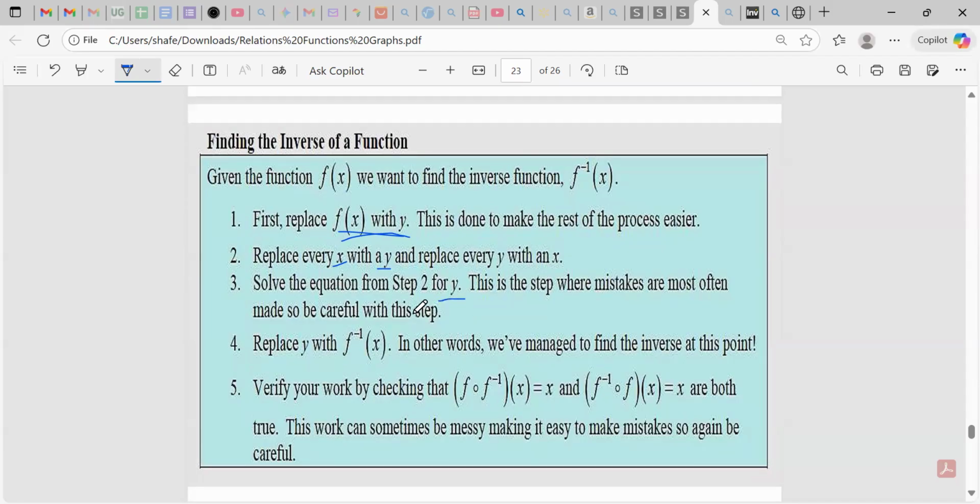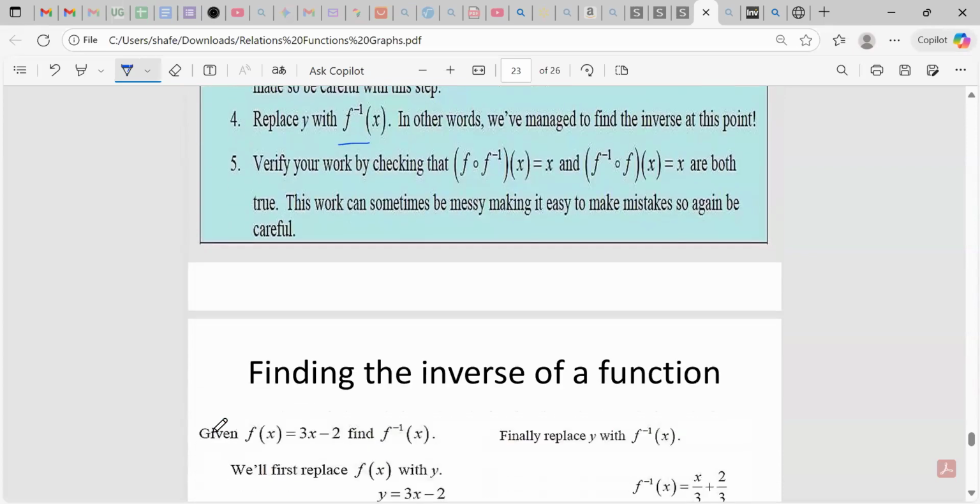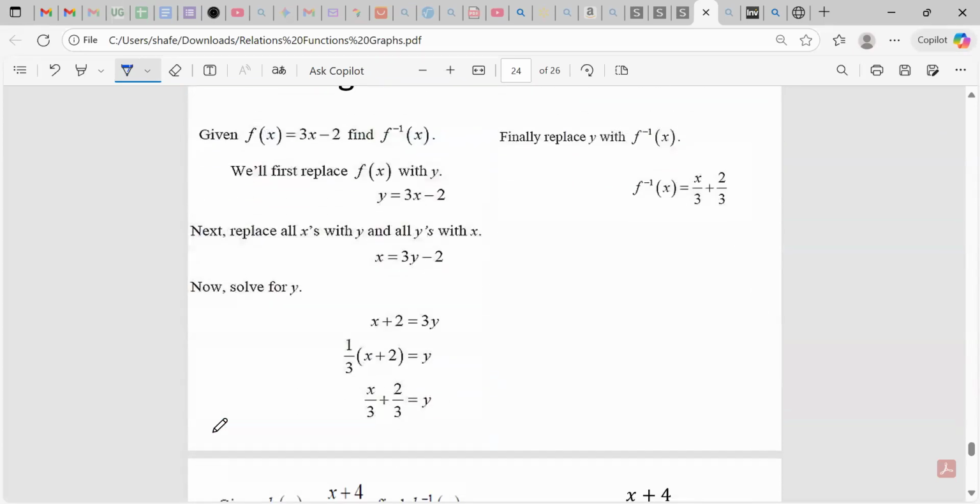And whatever expression you end up with, you name it f inverse of x. And the result that you have is the inverse of the original function. I'll demonstrate this process with examples later on. Don't worry, right? This is an example.